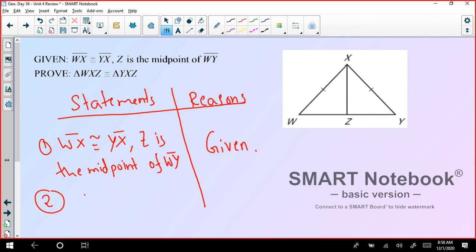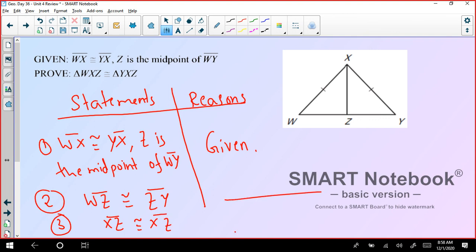I can say WZ is congruent to ZY. Then I can say that XZ is congruent to XZ. Write the reasons for these two steps.